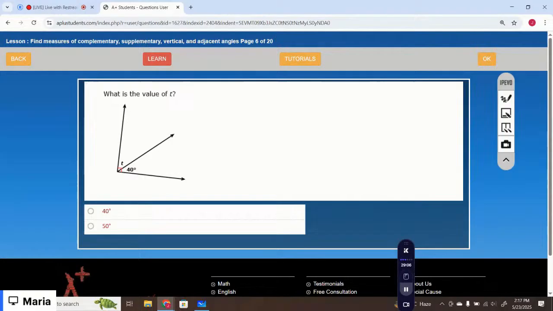T plus 40 degrees equals 90 degrees. So T equals 90 degrees minus 40 degrees, which equals 50 degrees. Option number two is the correct option.